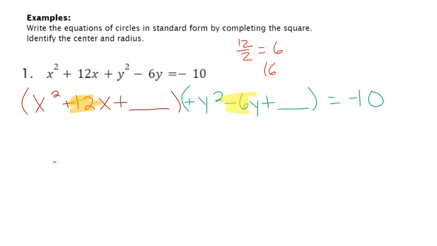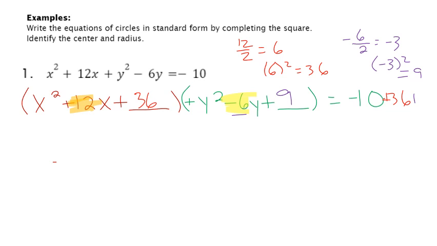And then if I square it, I get 36. So I'm going to have a 36 on the left, and then I have to do a 36 on the right. And then for the negative 6, same thing. So I would get a positive 9. So 9 on the left and 9 on the right.